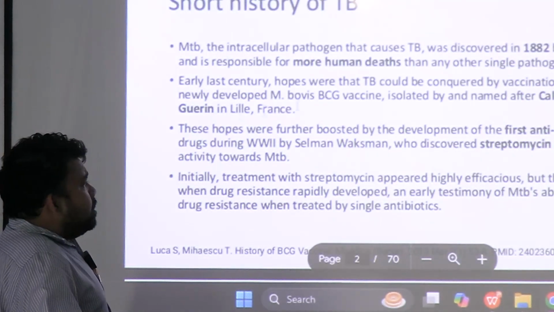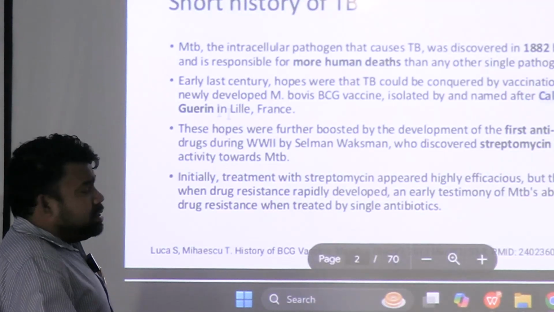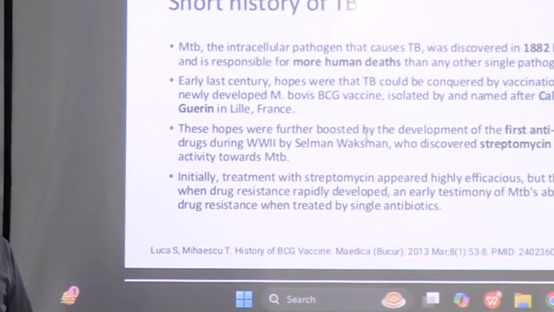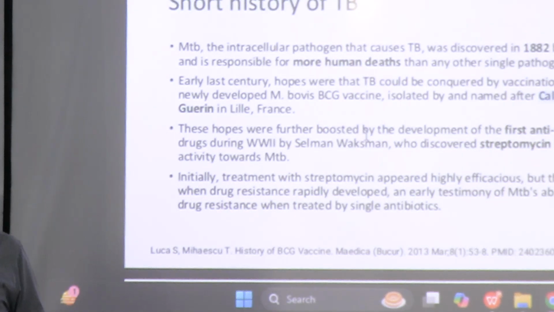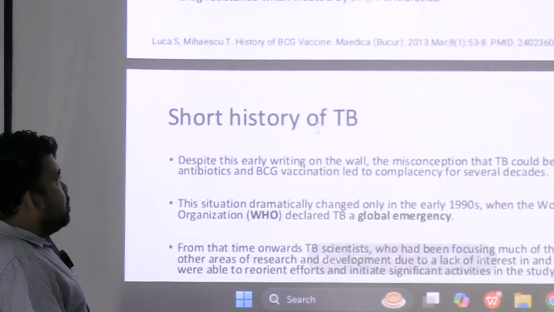It is named by the people who developed the vaccine, Calmette and Guerin in Lille, France, and they serially subcultured a particular strain of tuberculosis bacilli for a prolonged period. That particular strain is called Bacillus of Calmette and Guerin, hence called BCG. That is the origin of BCG.